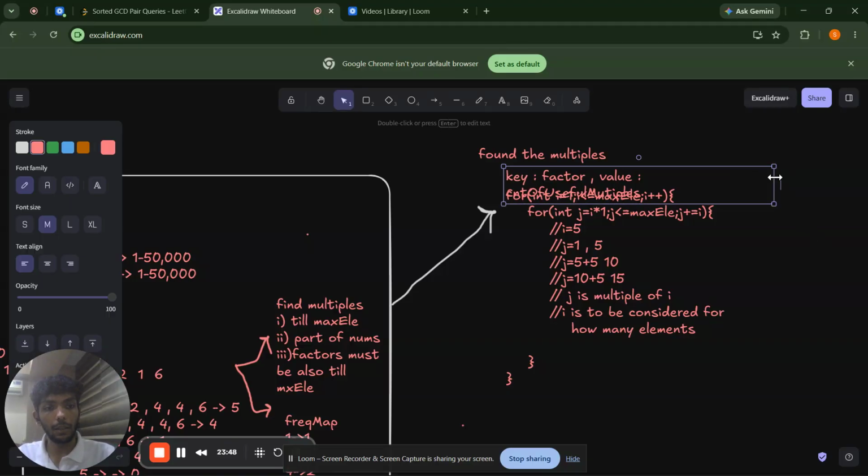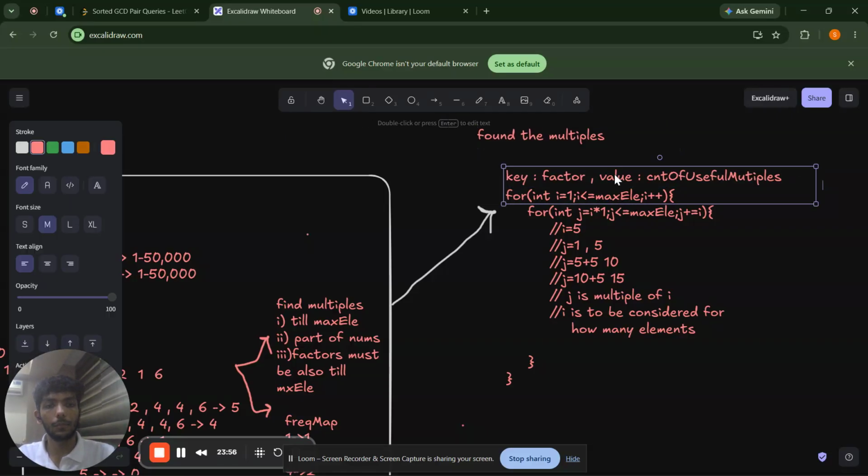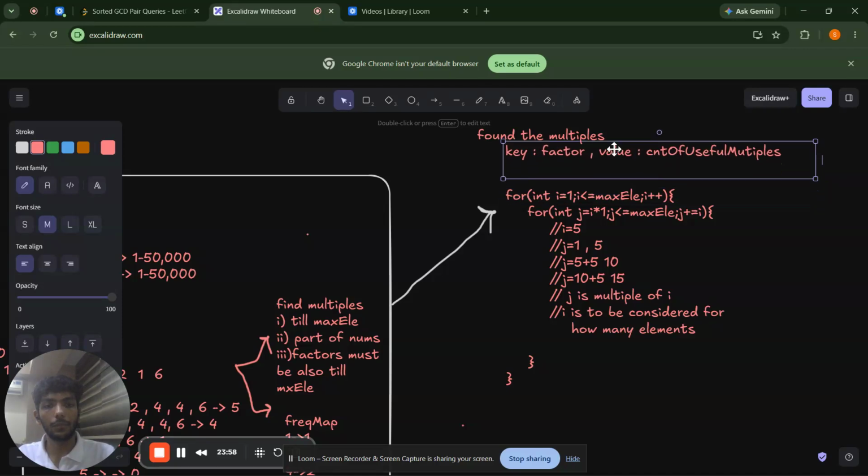You can give a name as per your choice. Let's give this map a name. How should we name this? Okay, valid multiples.